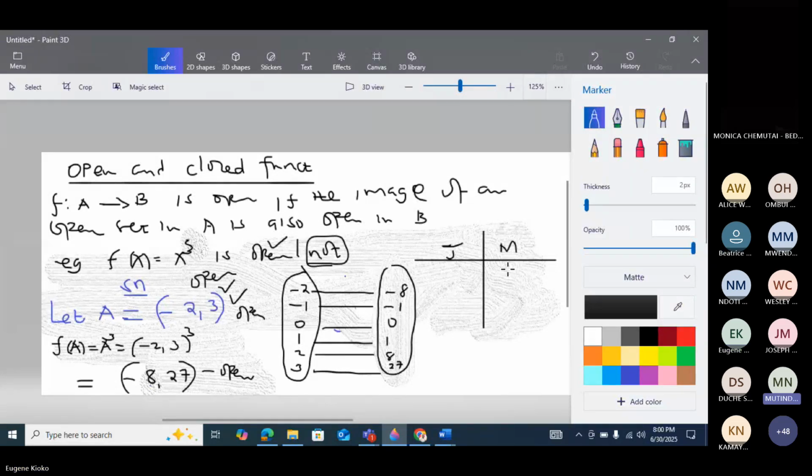What about -2 and 0? We take the smallest and the largest in this mapping, which is -8. -8 is smaller than -1 and 0.